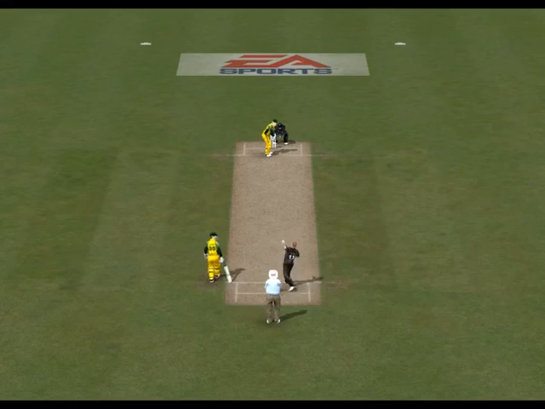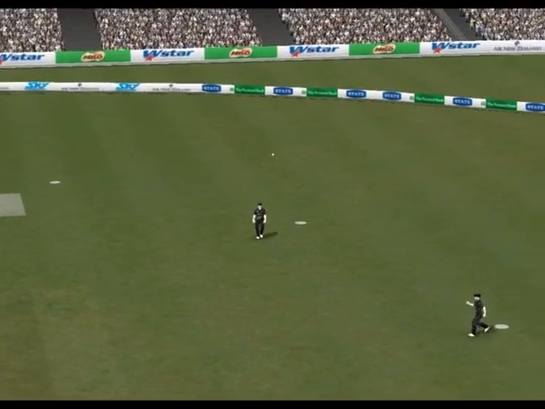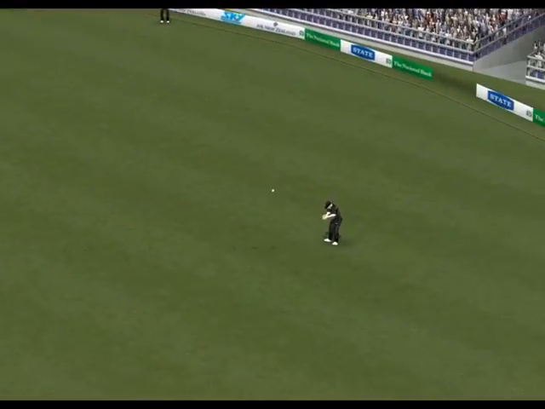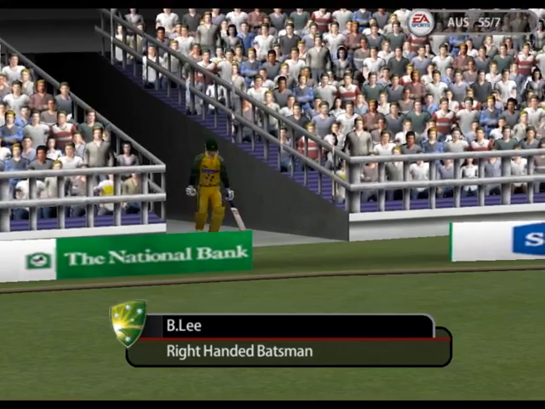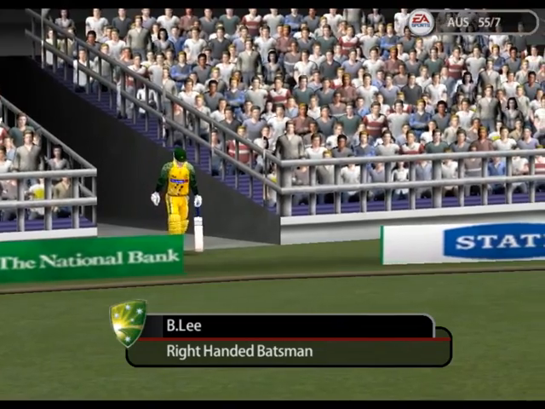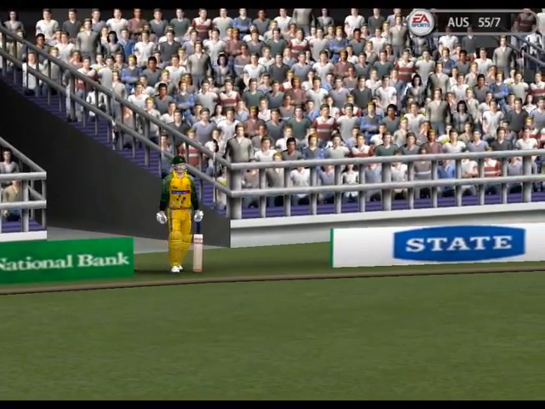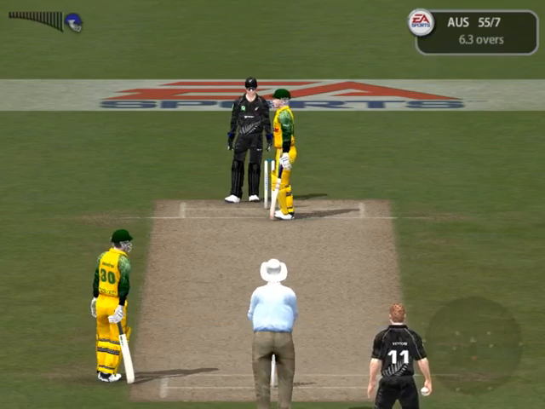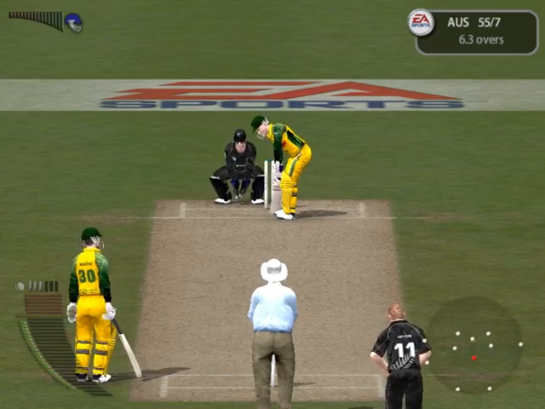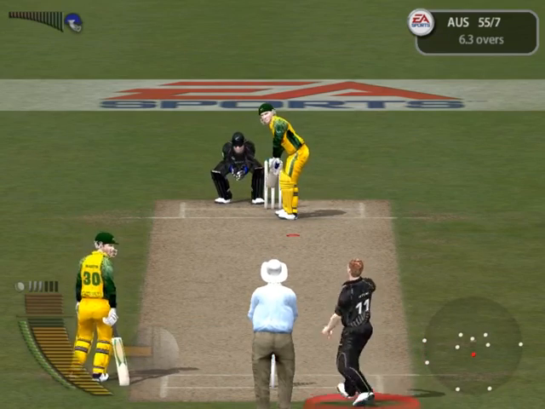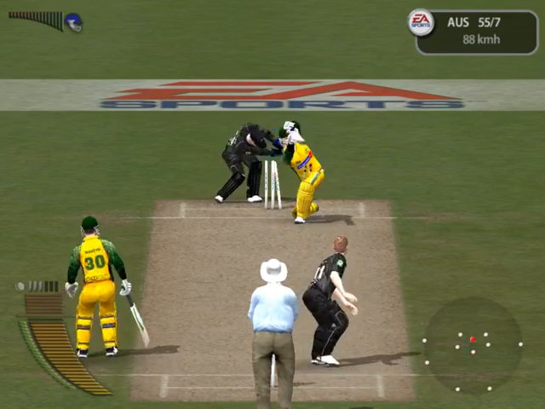This was how the wicket fell. Lee is the next man in. Vettori to Lee. That's out.